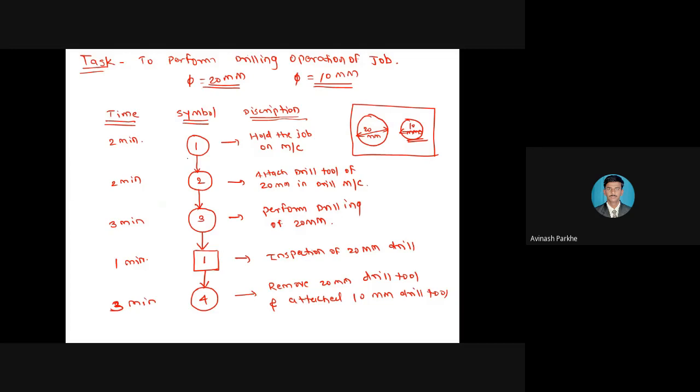So my first task is I have to hold the job. I have to attach the 20 mm drill. I have to perform the 20 mm drill operation. After 20 mm, I have to check by using the vernier whether 20 mm drill happened or not. Therefore, inspection is there. Then fourth, remove the 20 mm drill tool and attach the 10 mm drill tool. That means here the operator is working, because removing the tool and attaching the new tool. Here operator is required.